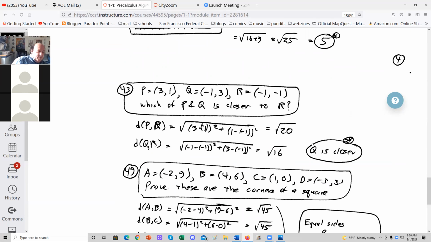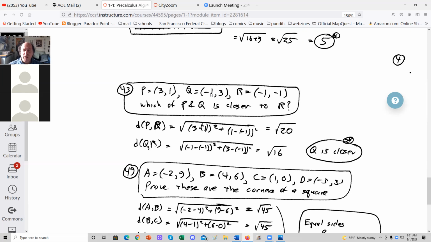Here they're being a little bit more annoying. We're given 3 points: 3 by 1, negative 1 by 3, negative 1 by negative 1, P, Q, and R. Which of P and Q is closer to R? Well, we just find the distance from P to R and Q to R. P to R is the square root of the sum of 3 minus negative 1 squared plus 1 minus negative 1 squared, which, if you work it out, is root 20.